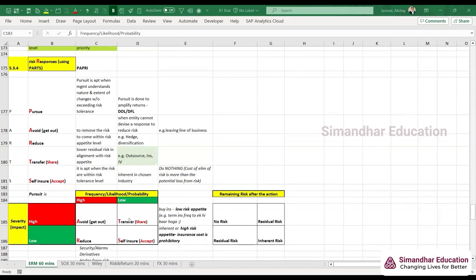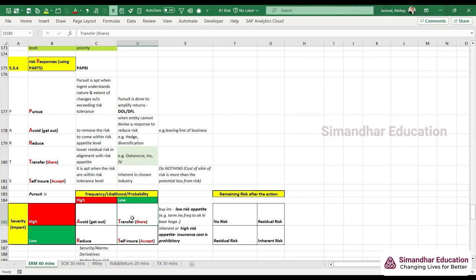So in that case, we are going to transfer. We are going to take an insurance, maybe a general insurance, fire insurance, flood insurance, etc. Or I will give an example, term insurance, right? What is the frequency of the risk in term insurance? The term insurance that we take on ourselves, what is the frequency of the risk occurring?